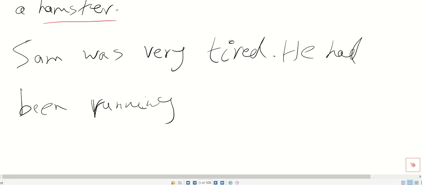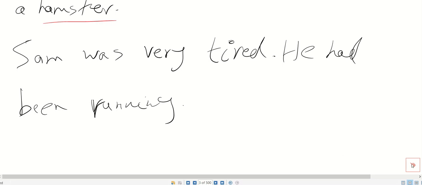He had been running. So we can understand that first he had been running, and after that he was tired because he had been running. Okay, or "He had been trying to open the door for 10 minutes when he found the keys." Here it means before he found the keys.